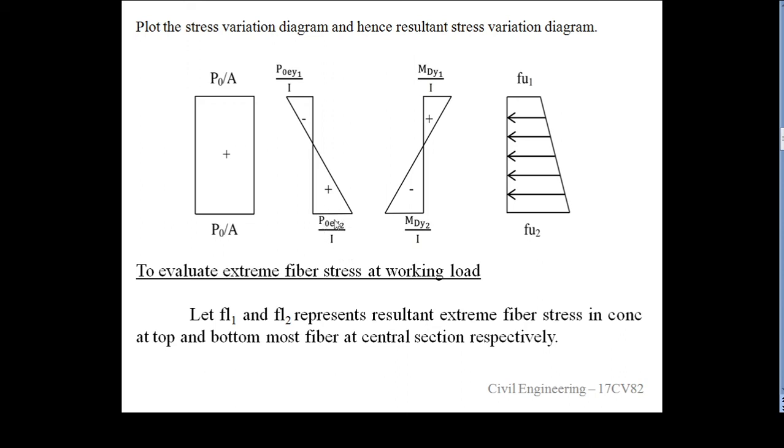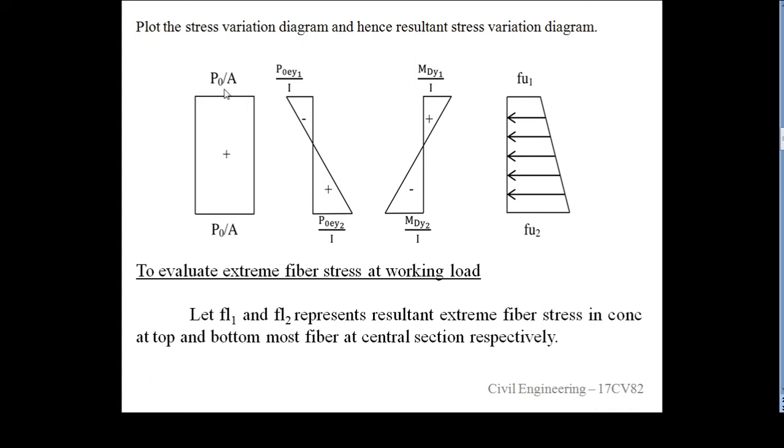Then MD Y1 divided by I, where MD is the moment due to dead load and Y1 is the distance from the top fiber; both are positive, therefore positive. Here MD is positive and Y2 is negative, therefore we get negative at the bottom.